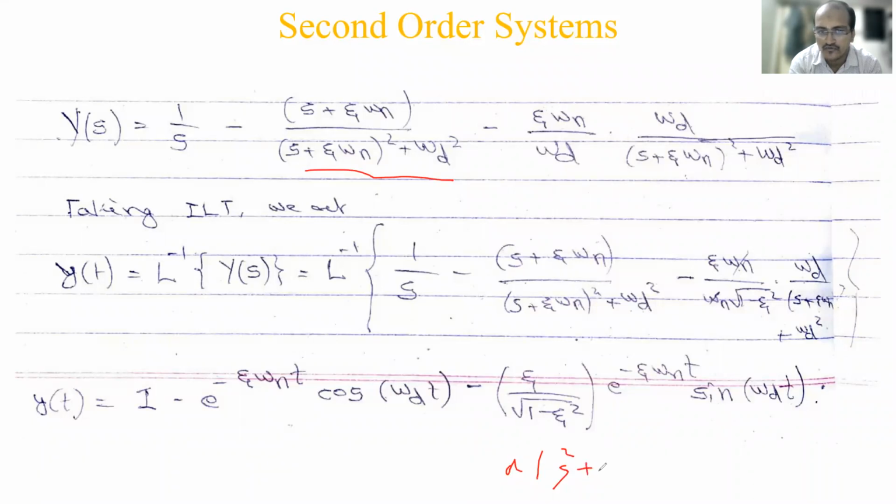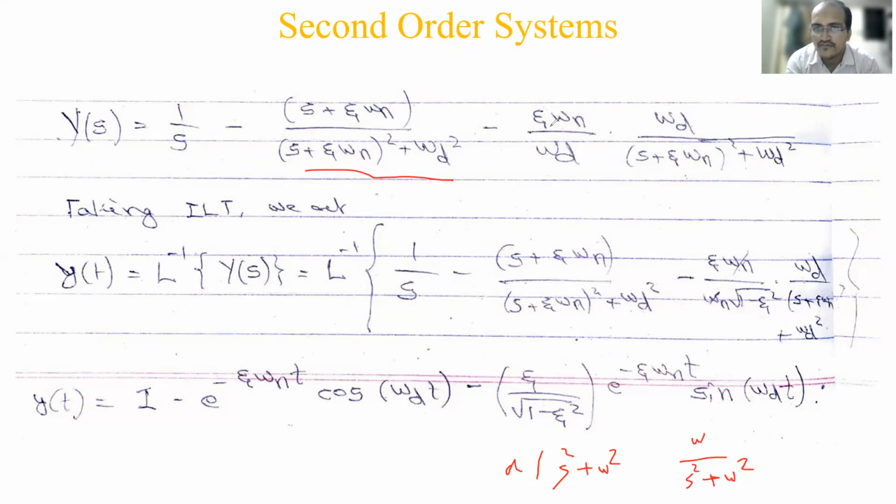I hope you know this. And for cos omega t, it is s by s square plus omega square. I want to get this form because, as I told you, there is oscillation in the 0 to 1 case. That's why I have to bring in sine and cos form, and that's why I have done these modifications.